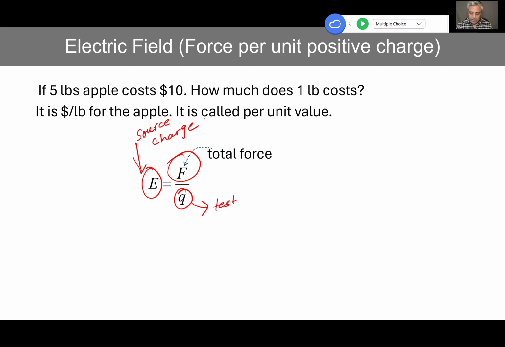Okay. So if we have, let's say, a 2 Coulomb charge and it experiences 10 Newton, then a 1 Coulomb charge is going to experience how much? 5 Newton. So 5 Newton per Coulomb is the electric field.